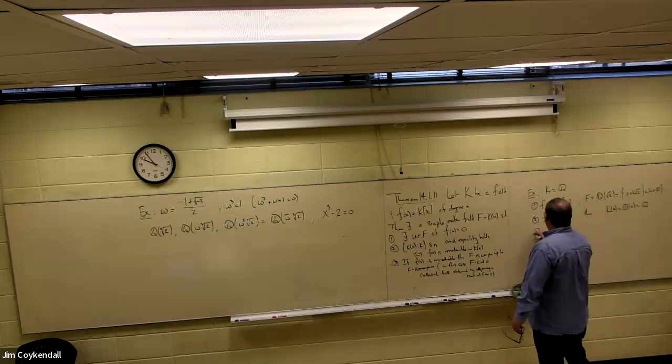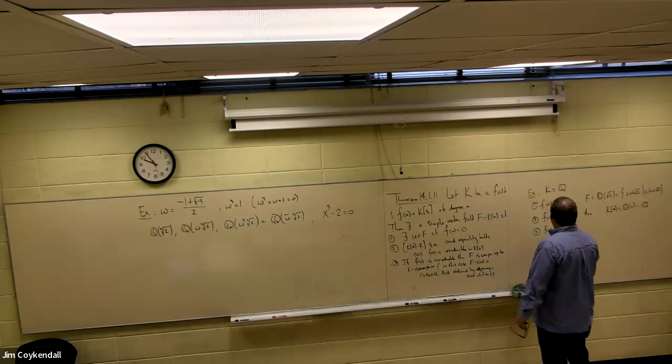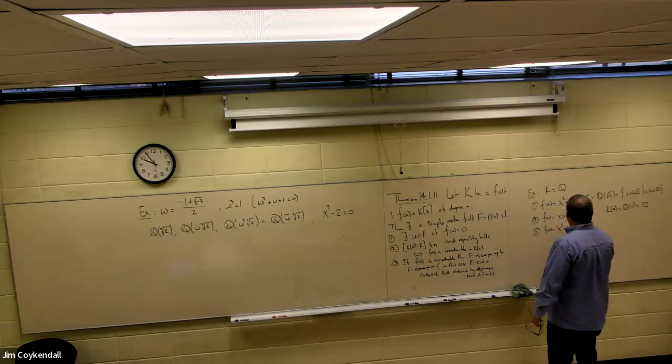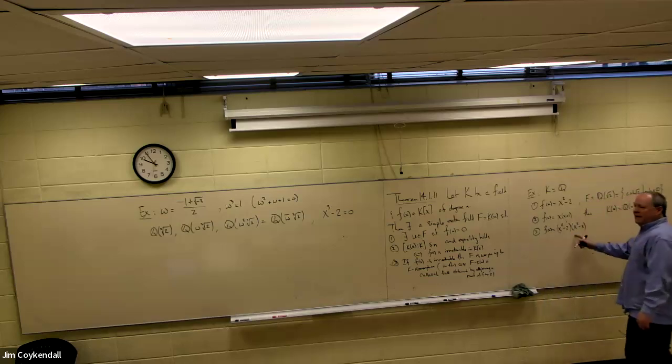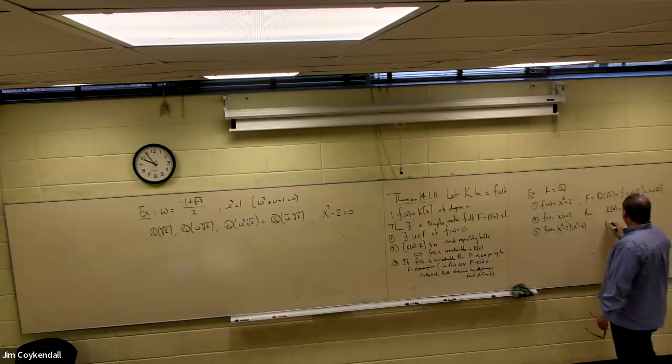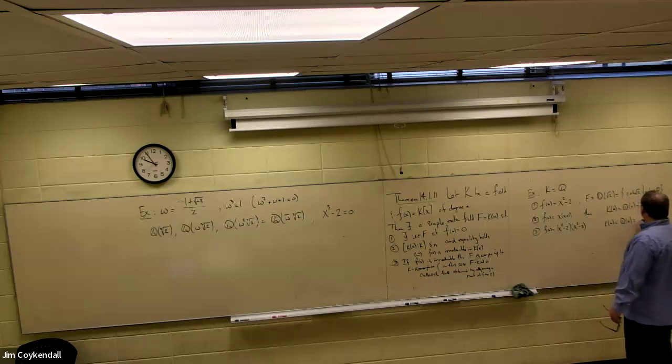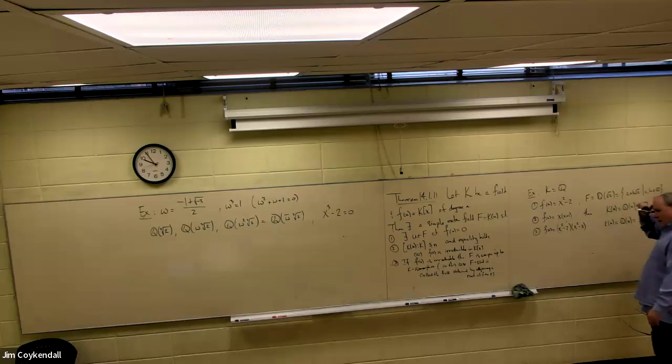And number three, this is why we need irreducibility as well. If you have f(x) equals (x squared minus 2)(x squared minus 3), then there are four roots of this, but you might pick this one, and this is not isomorphic to Q(square root of 3).